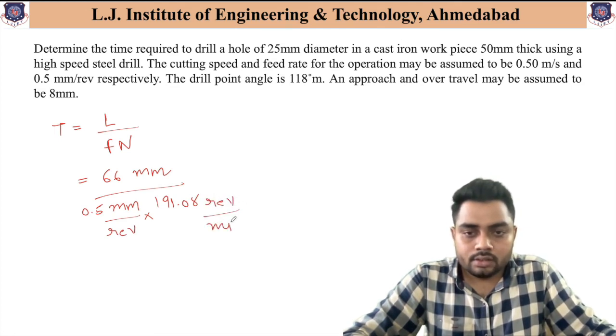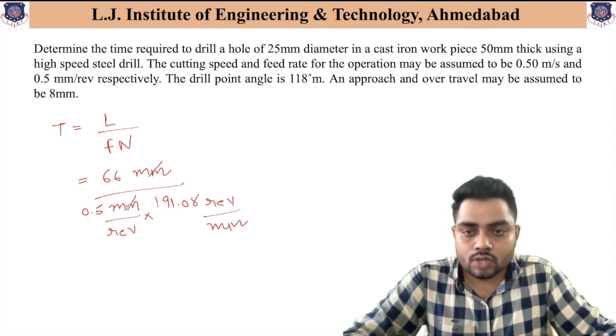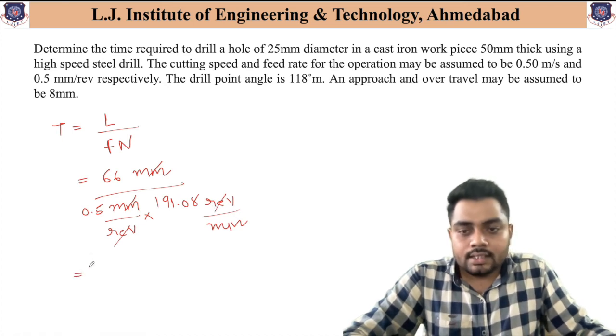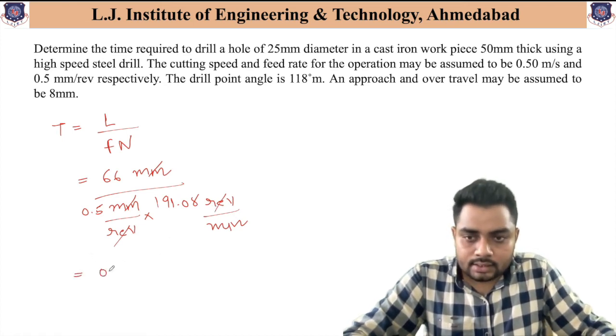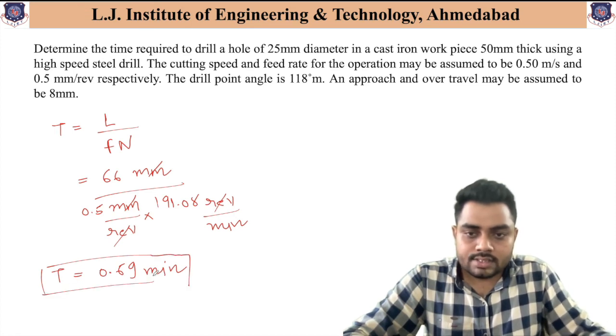revolution per minute. So if you check the units, you will come to know that the mm gets cancelled out, revolution gets cancelled out. So finally the answer that we are getting, that is 0.69 minute. So this is our final answer.